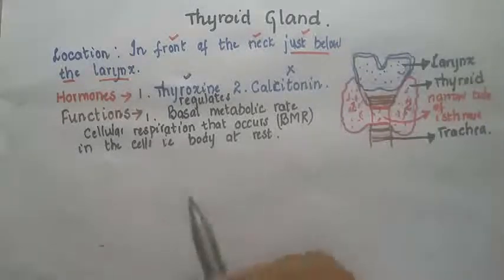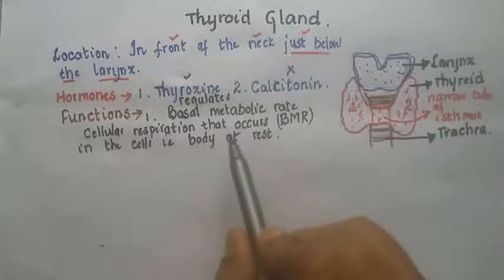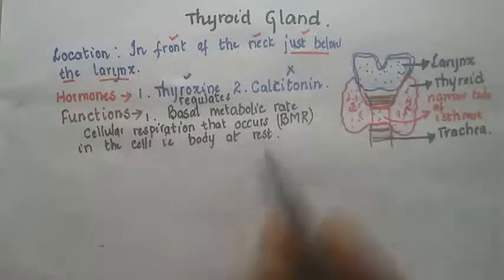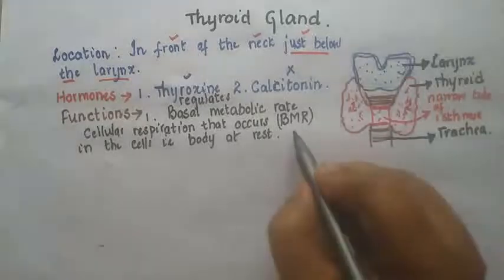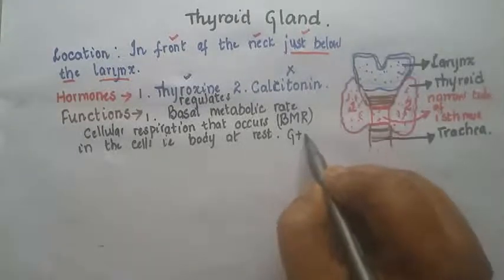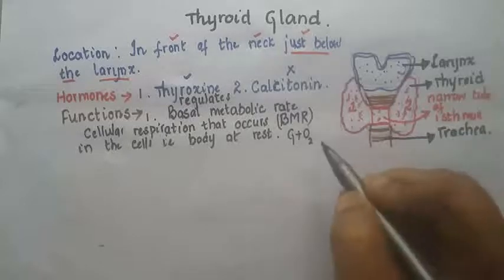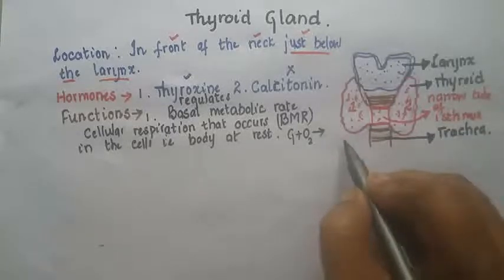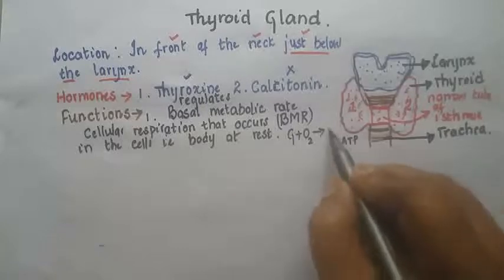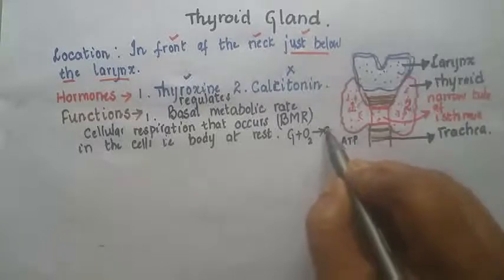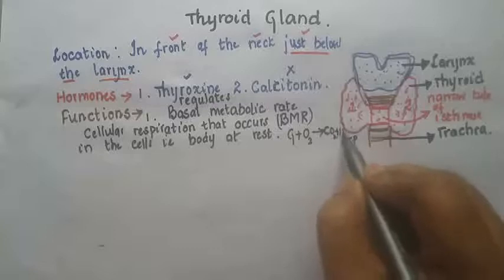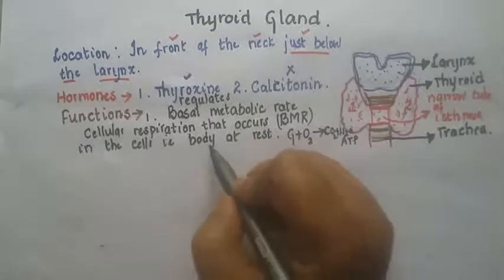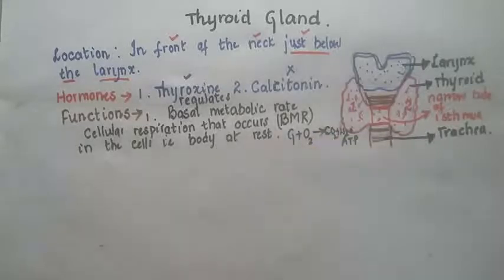It is nothing but the cellular respiration that occurs in the cells when the body is at rest, which is nothing but glucose undergoing oxidation, releasing carbon dioxide, water and energy in the form of ATP when the body is at rest.